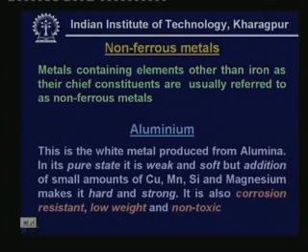In its pure state it is weak and soft, but by the addition of small amounts of copper, manganese, silicon and magnesium, it becomes hard and strong, and obviously usable. It is corrosion resistant, low weight and non-toxic.